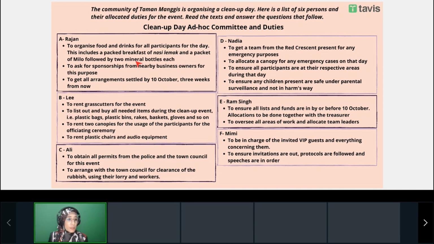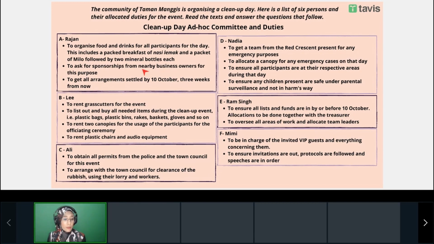So this person is responsible for the food and drinks for the participants, and he is also to ask for sponsorships from nearby business owners for this purpose. So you can see that this person handles food and drinks, sponsorships, as well as getting all arrangements settled by 10th October.